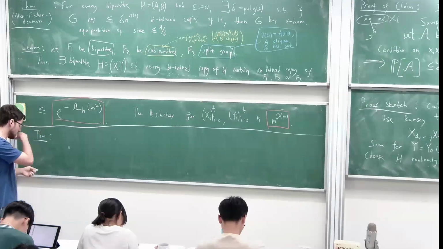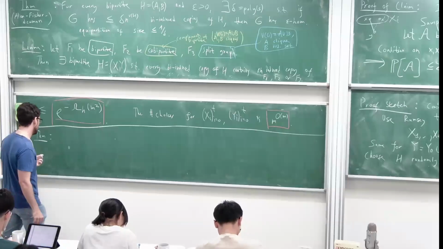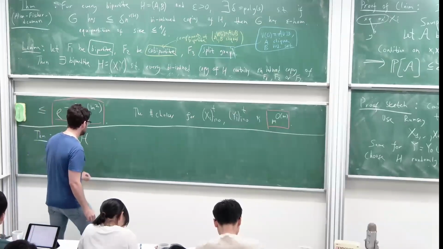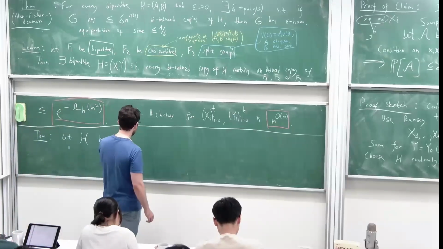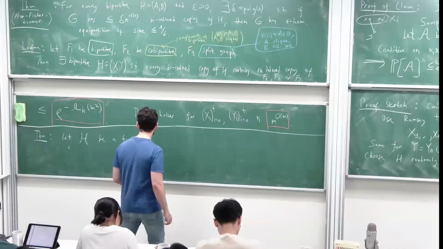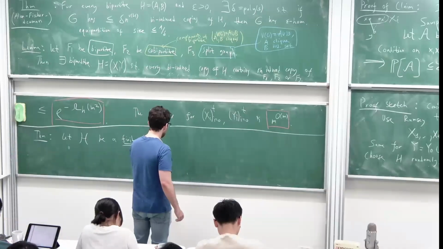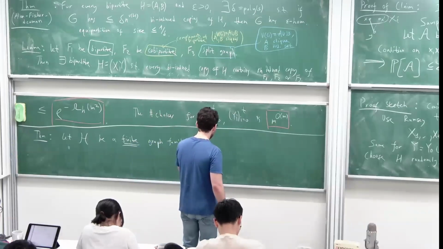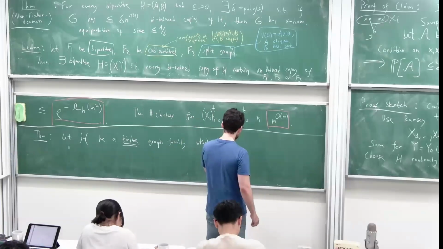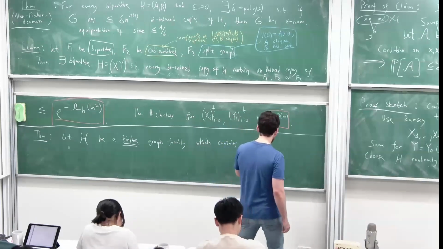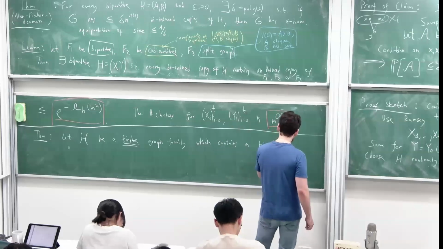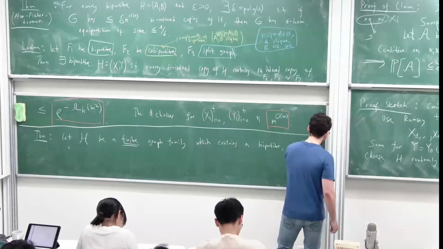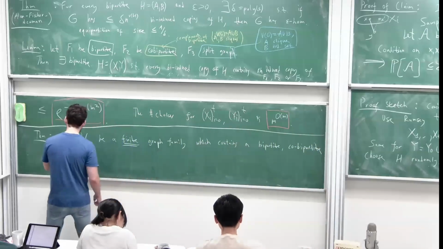This appeared in a paper of Sasha Piran and myself. Let H be a finite graph family. Finite is important. Suppose it contains a bipartite graph, a co-bipartite graph, and a split graph.